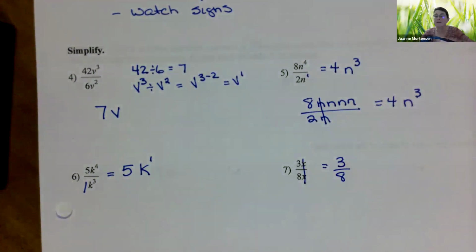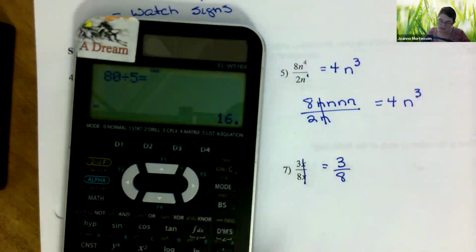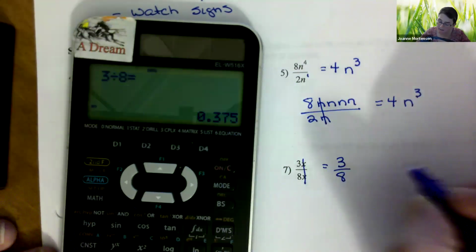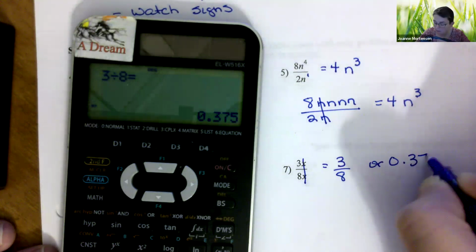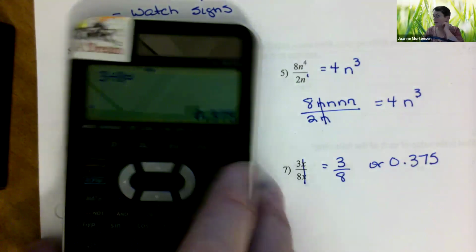Done. A lot of my students said, not dealing with fractions. They went 3 divided by 8, and they got 0.375. I'm okay either way. Unless I specifically say you have to do it with fractions, it's fine.